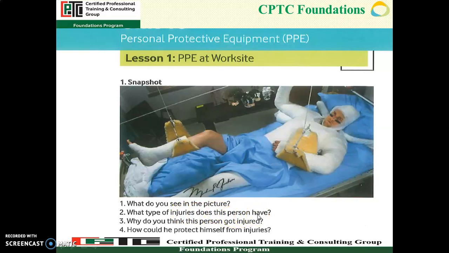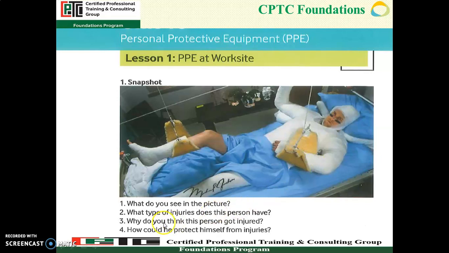Is his situation dangerous? Yes, it's very dangerous. So the injuries that he has are actually serious injuries, very serious injuries, or severe injuries. You see, he can't move. He has to lie down there on that bed until he recovers.